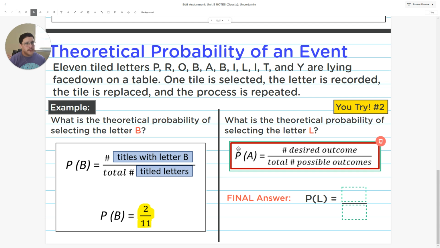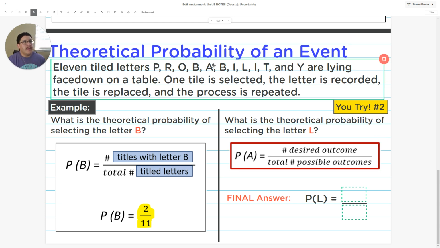So let's talk about theoretical probability first, which is something we've already gone through, but now we're going to do this in terms of theoretical and experimental, now knowing what each one is.